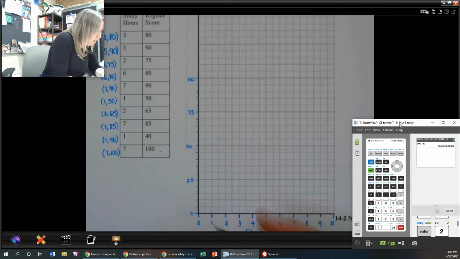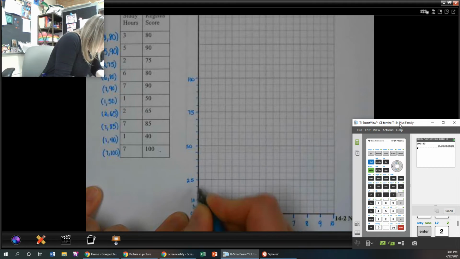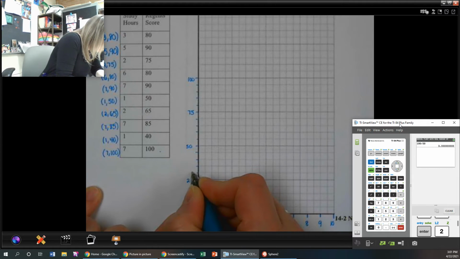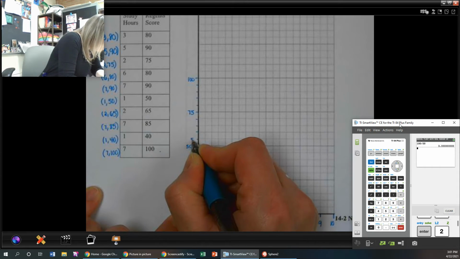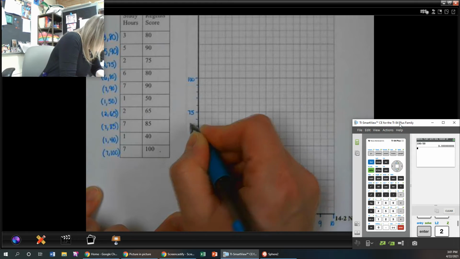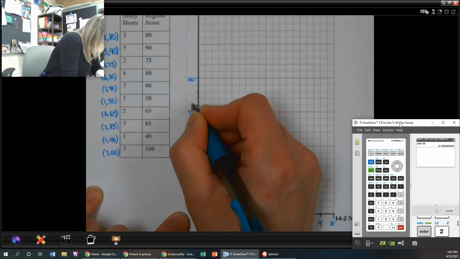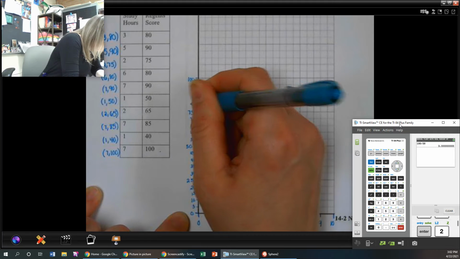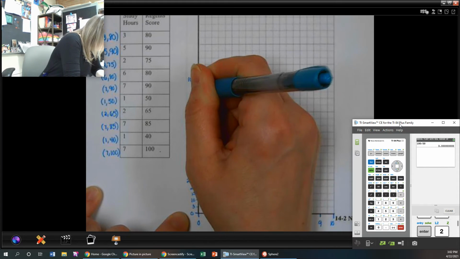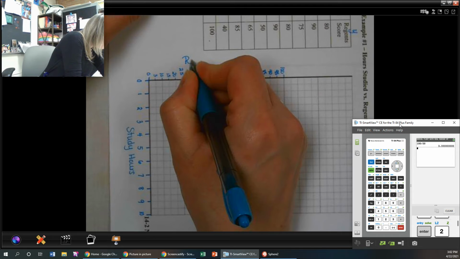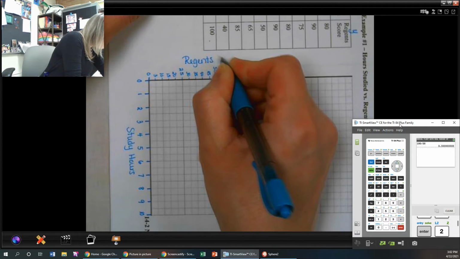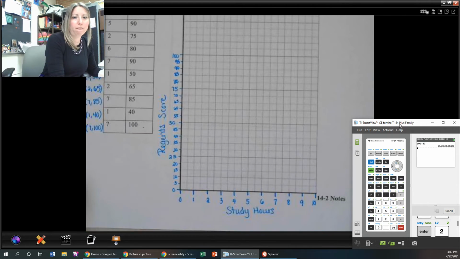Let me fill in all those that I counted, since I had only written down my quarters. There we go. Now I'm going to turn my paper and label this as Regents score. And that's what we got.